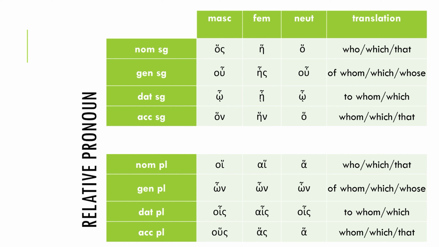It's a totality. So basically, it's everything you've learned now, and all you do is add the rough breathing mark with an accent, and you've got the relative pronoun, and it means who, which, that. If it's in the genitive, you add the of. If it's a dative, it's to. And if it's the accusative, then it's a direct object, so it would be whom.